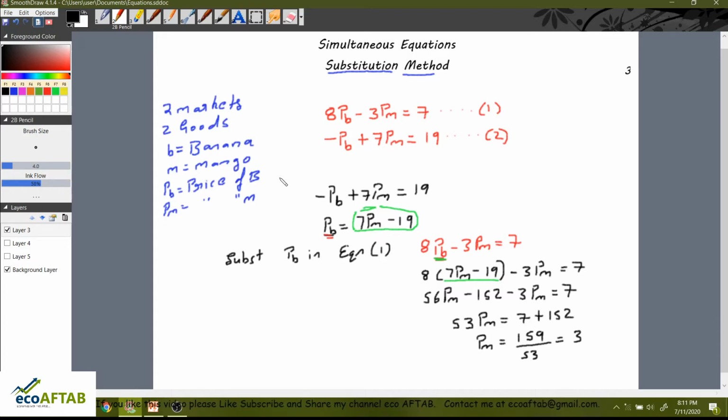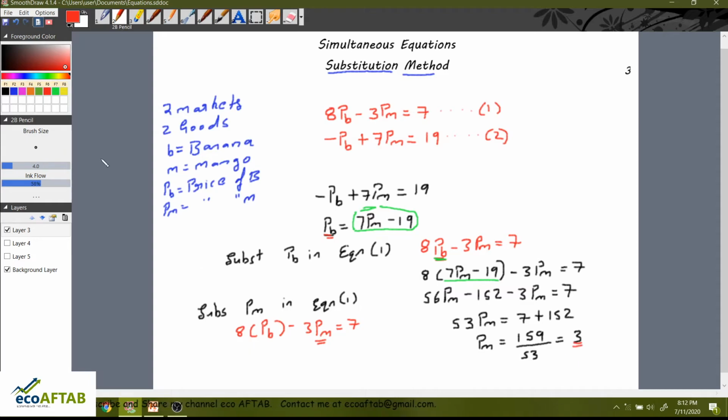Now inserting the price of mango in our first equation, substituting PM in equation 1, what do we get? Again, our equation 1 is 8PB minus 3PM is equal to 7. We have got the value of PM, that is equal to 3.